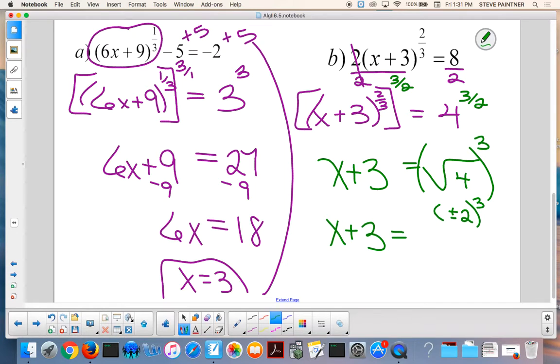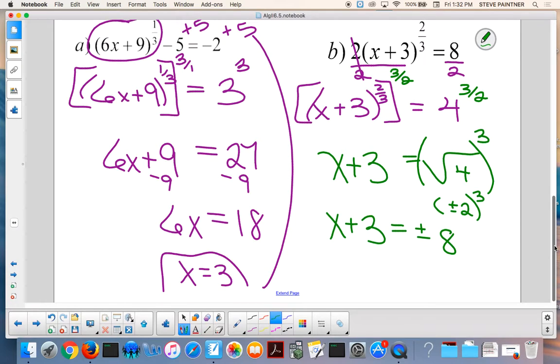So if you cube a 2, you get 8. But if you cube a negative 2, you get -8. So look. You got to this point. X plus 3 equals 8, and x plus 3 equals -8. Yes, you guys got half the answer, but you didn't get the other half.